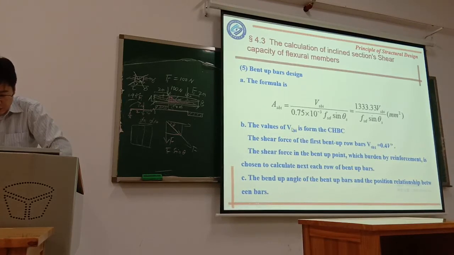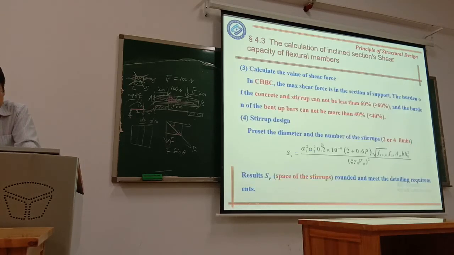So Vsbi is from the Vsb. So this value, according to the code, is not larger than 40%.